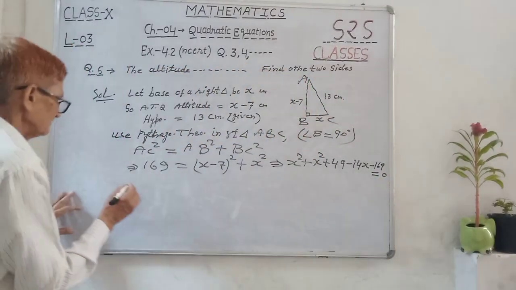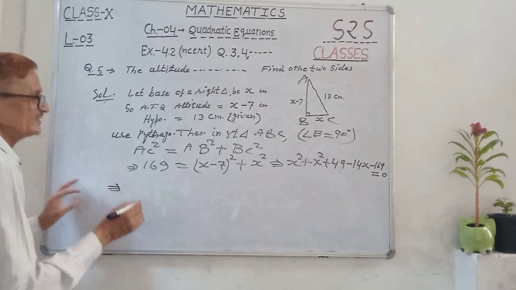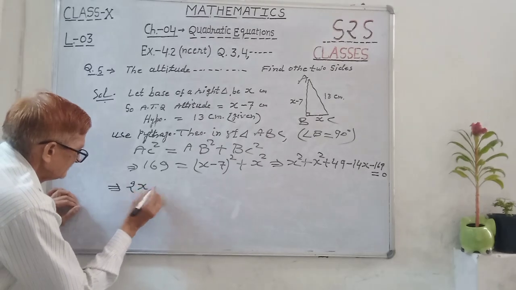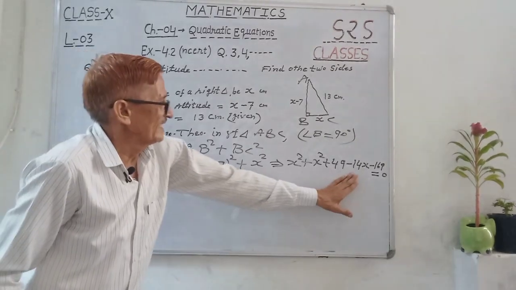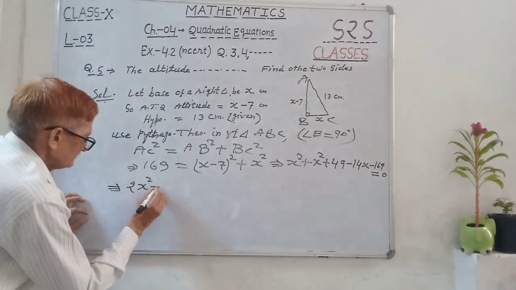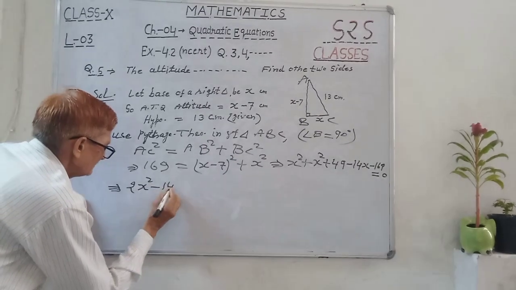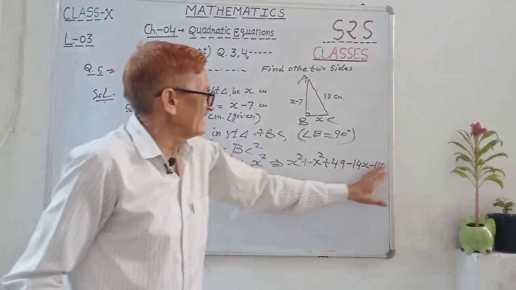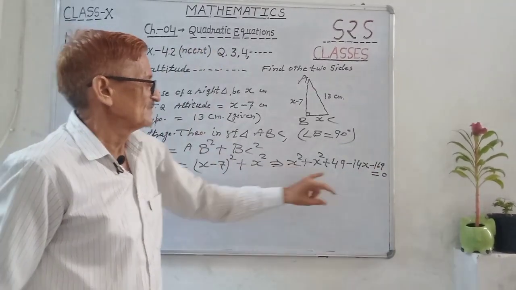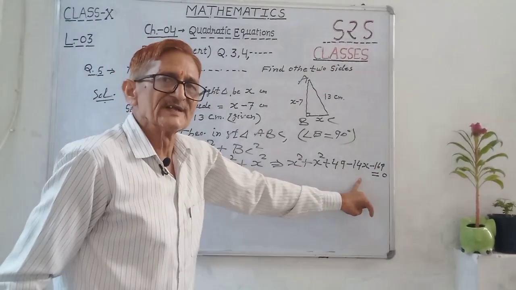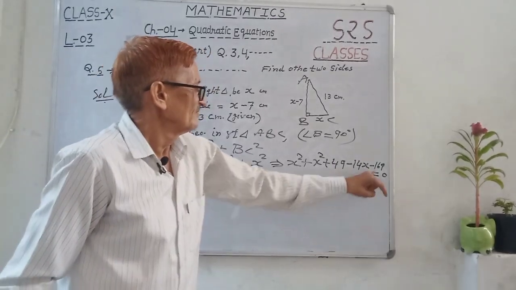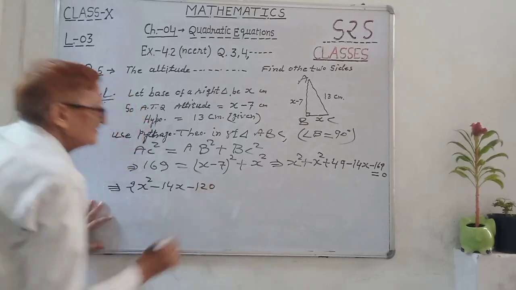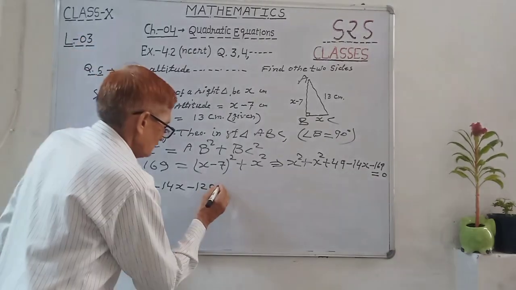So simplify this: x square plus x square, 2x square, and then minus 14x, and the constant terms plus 49 minus 169, subtract, minus 120, is equal to 0.